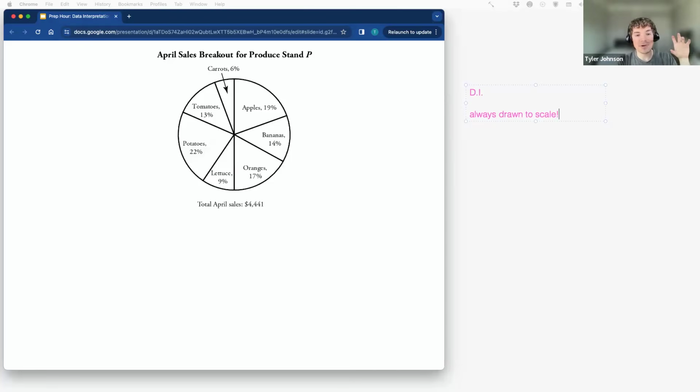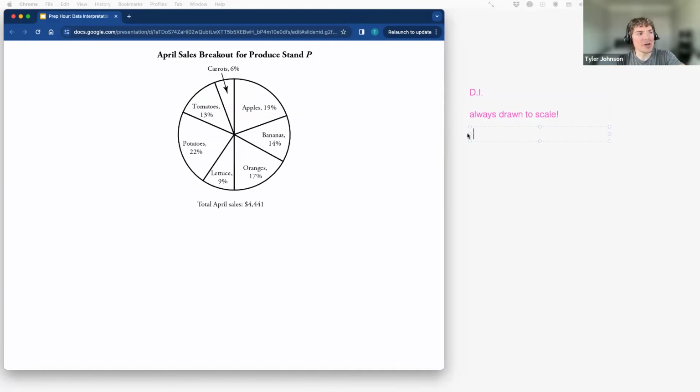But whenever it's a data interpretation problem set, all those charts, figures, graphs, all of it is going to be drawn to the exact scale, which means this wedge of apples right here is actually 19% of the circle's area. And this wedge of tomatoes over here is actually 13% of the circle's area. So you do get things drawn accurately when it comes to data interpretation.